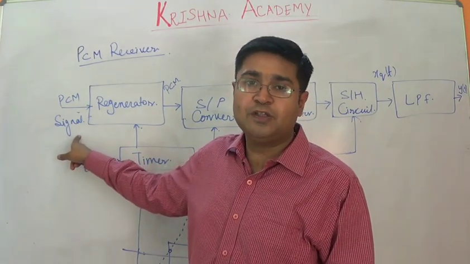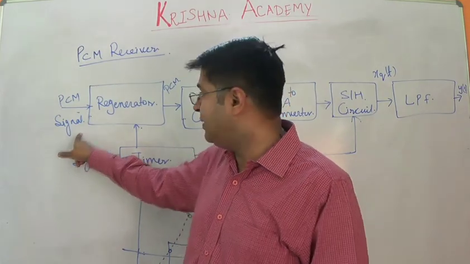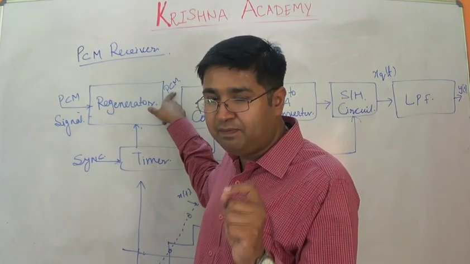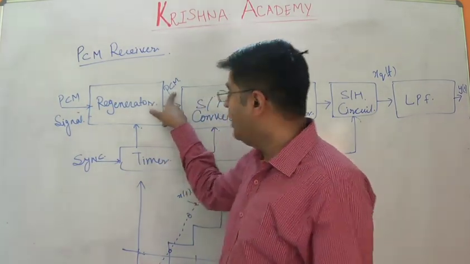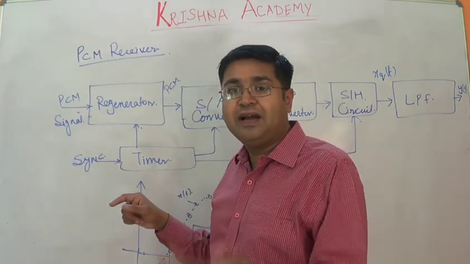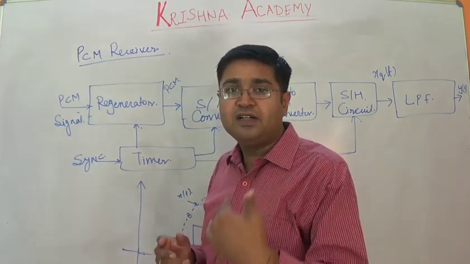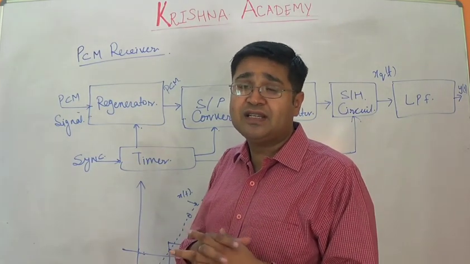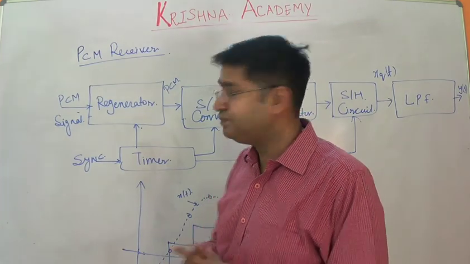Though it is a very small amount of noise, it will be there, so we need to generate the actual PCM signal without that noise. That noise is because of the channel we are using, which can be a wireless channel or a wired channel. Due to different circuits and different methodologies, that noise part will be different.